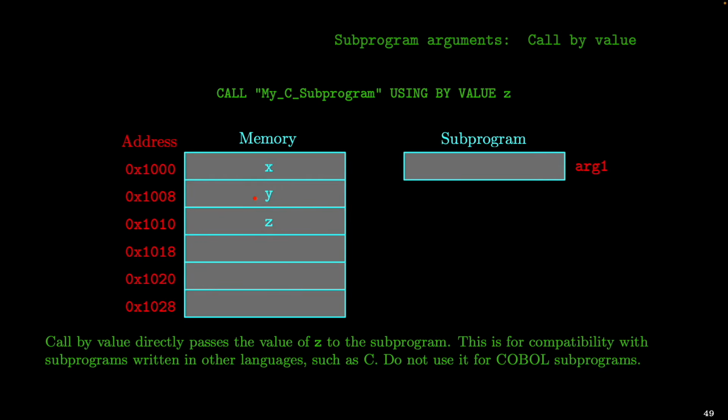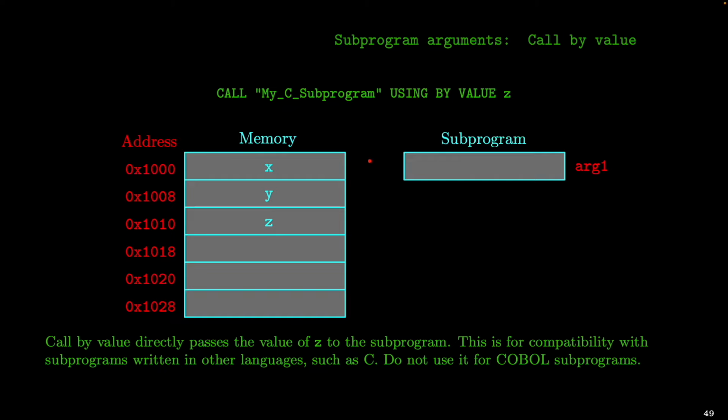Finally, we have the call by value. This will directly pass the value of the variable to the subprogram. So here's the example, call my C subprogram using by value z, and note the C here. Here we have z as the argument, and what will happen is we will take the value of z directly and hand that to the subprogram. This is used for compatibility with subprograms written in other languages, such as C. That's why I call it my C subprogram.